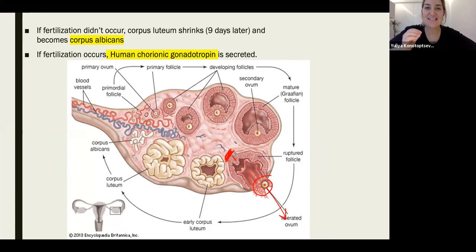The LH is so high that we need to use up this LH. We call this the luteinization process, right? Luteinizing these cells. We force feed these cells LH, and in return, theca interna and granulosa cells secrete two hormones. They make estrogen and progesterone.